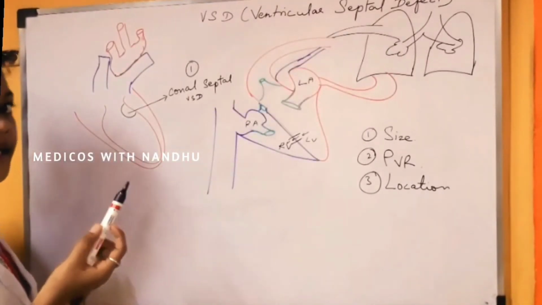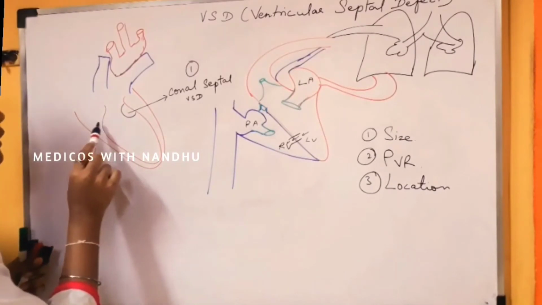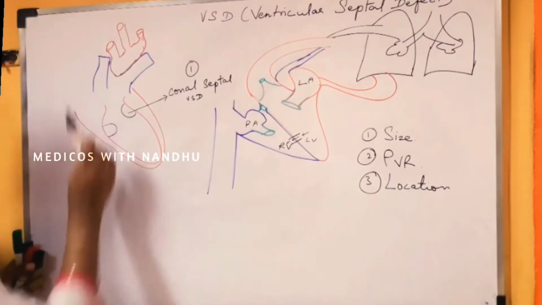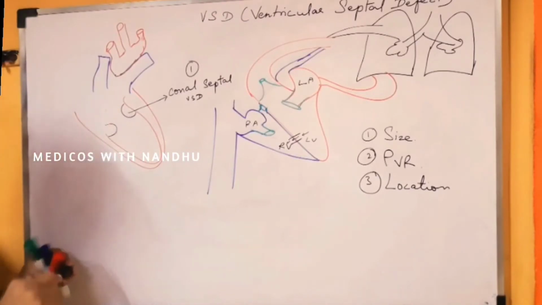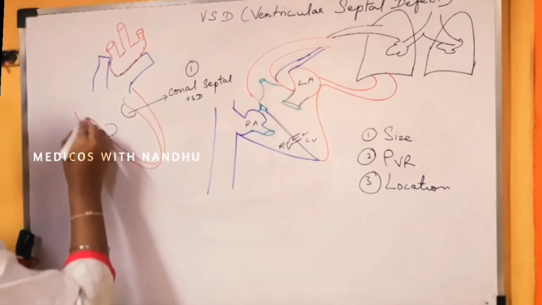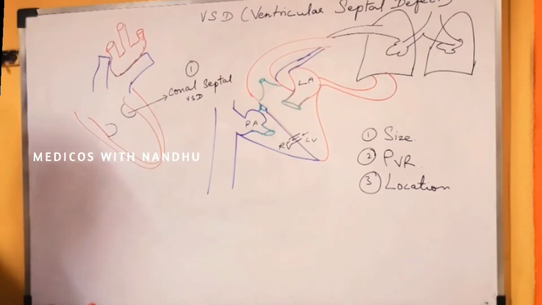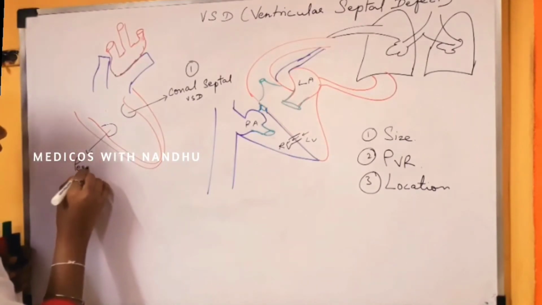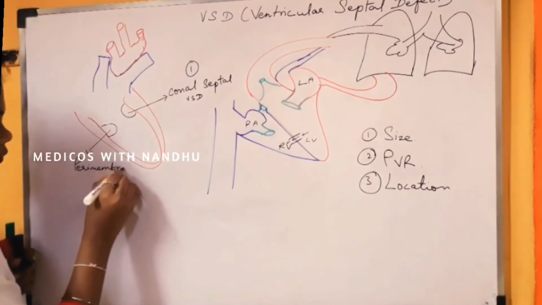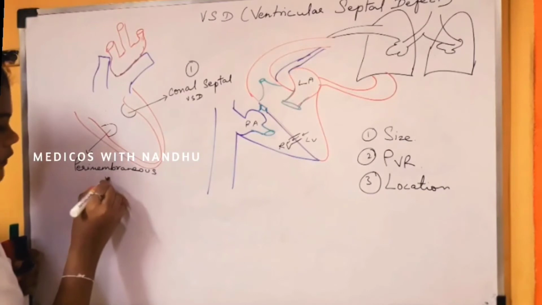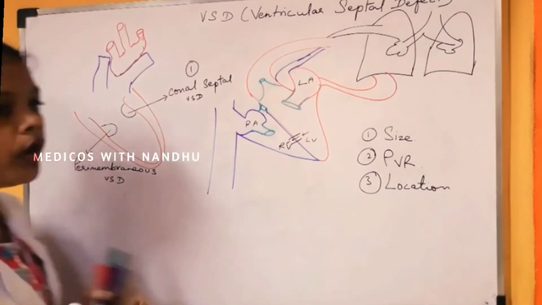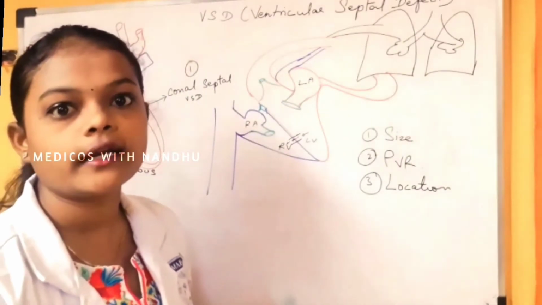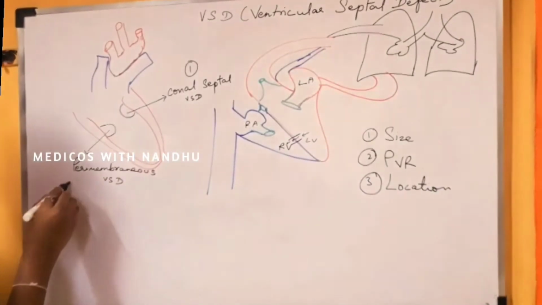The perimembranous VSD is present near the valves, in this region. It will not close spontaneously on its own, so surgery is required in this VSD. Okay, this was the second type.